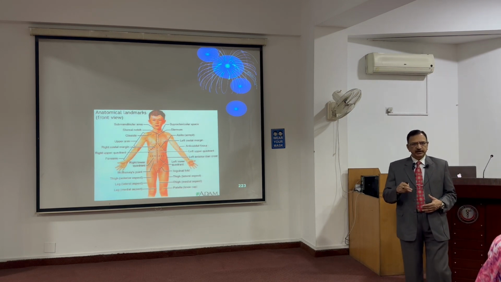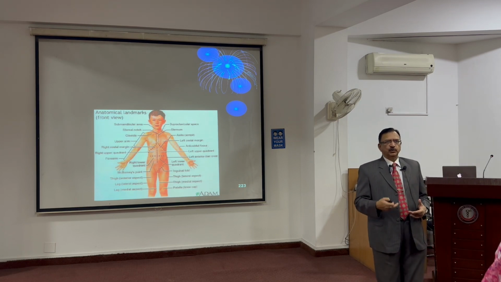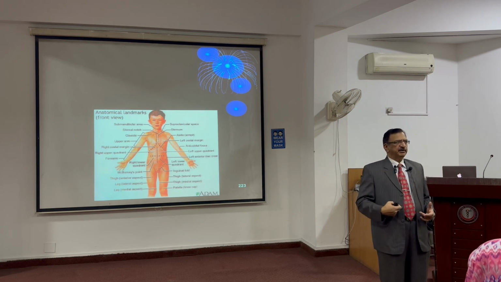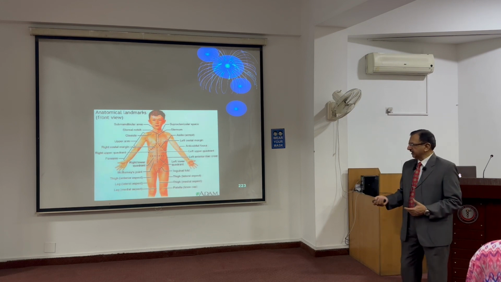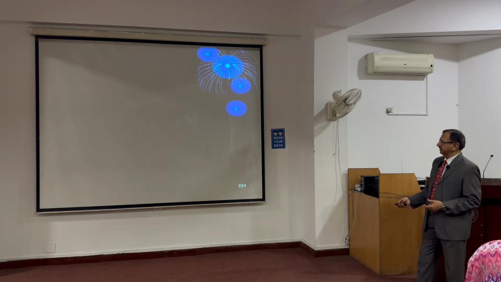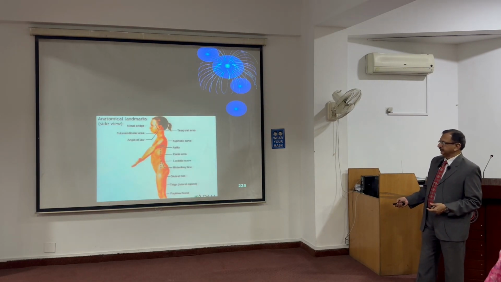For example, 1 into 1 centimeter circular rounded hole on the front of chest, 4 centimeter to the right of midline, 3 centimeter below nipple, or any other reference. So these are anatomical landmarks. You will place it in reference to those landmarks, front and back and side.